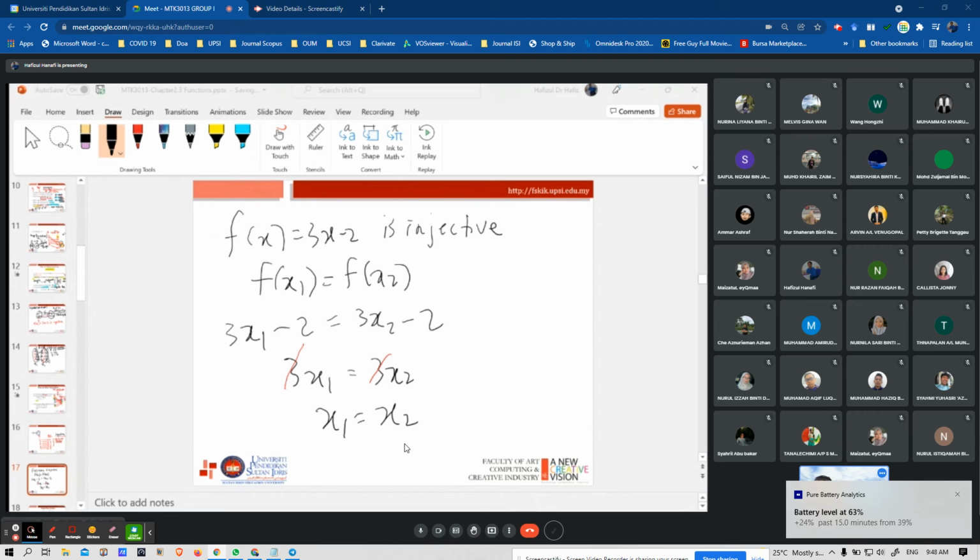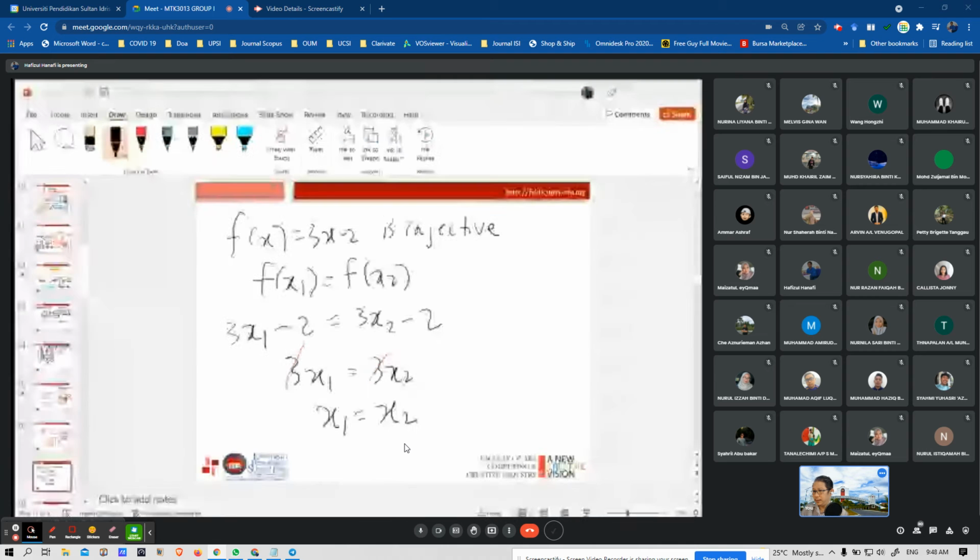So what does it look like graphically? In the graph, we can have the graph like this.